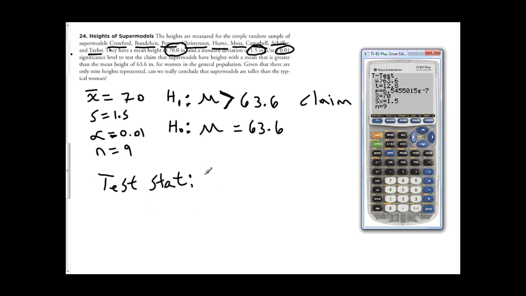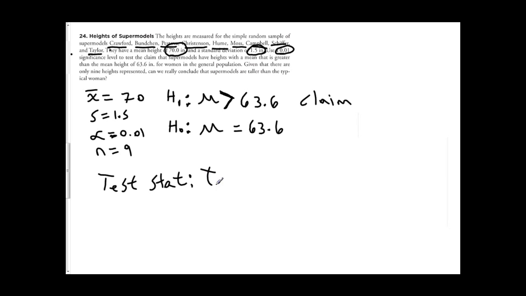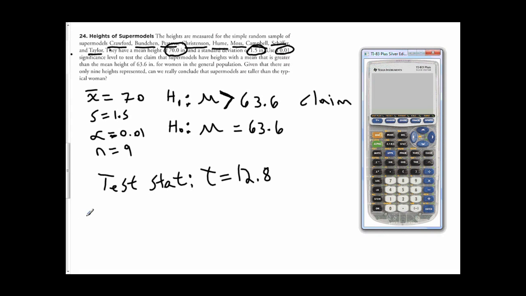So the test statistic is a t-score and it's equal to 12.8. That literally means that this sample is 12.8 standard deviations from the average. And we have also the p-value, which we said was a decimal point, 6 zeros, and then the number 7.